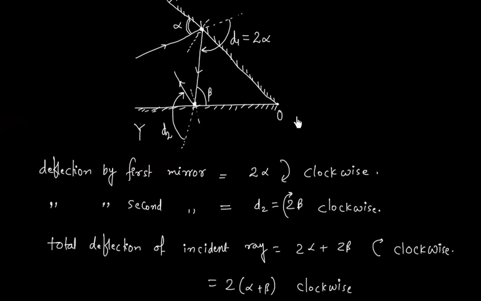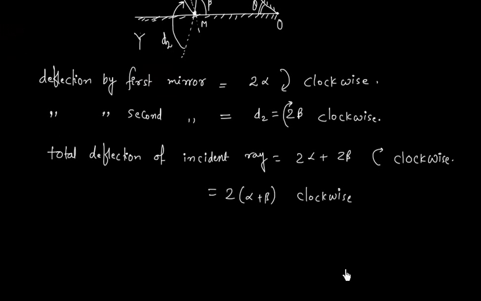Now we can use the triangle. The angle between the mirrors is theta and this angle is alpha. So in this triangle, let us call it OMN, alpha plus beta plus theta is equal to pi.